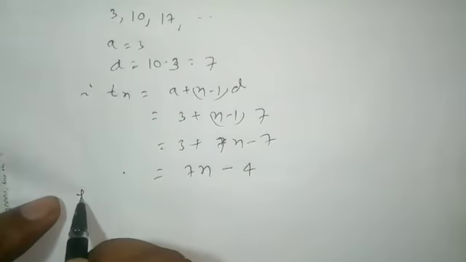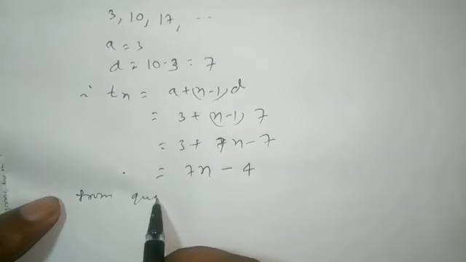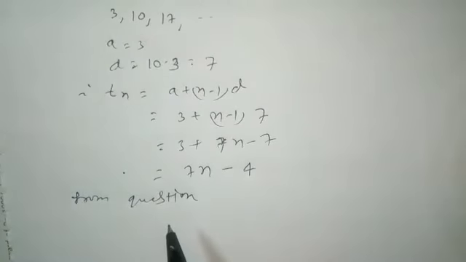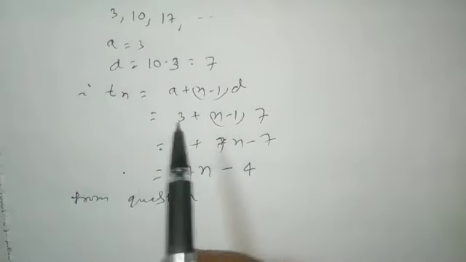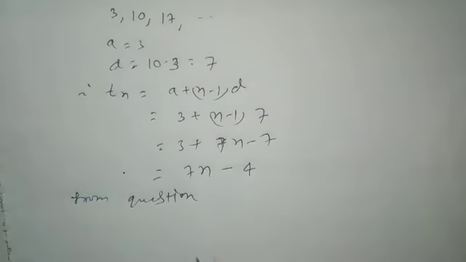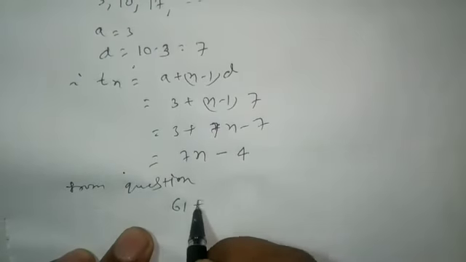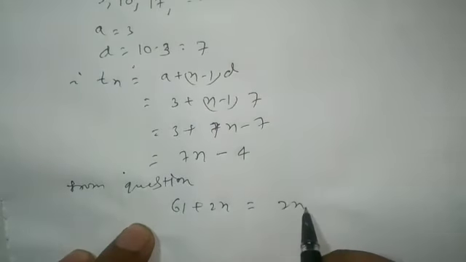From the question, the nth term of both APs are equal. So from the question, 61 plus 2n is equal to 7n minus 4.